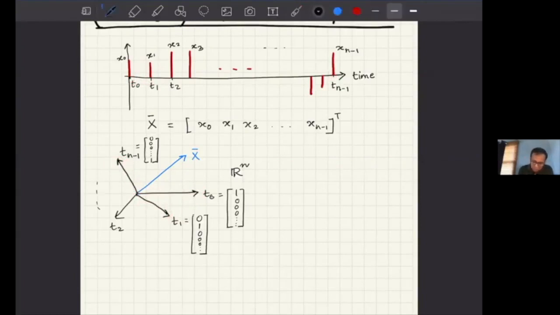So one can then think of x as when it's projected to different dimensions, like x's projection on time t0 is nothing but x0, which is exactly this value. x's projection on time t1 is this value x1, and we can keep going.